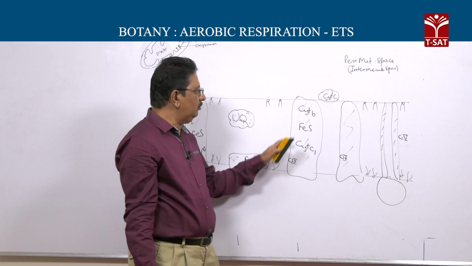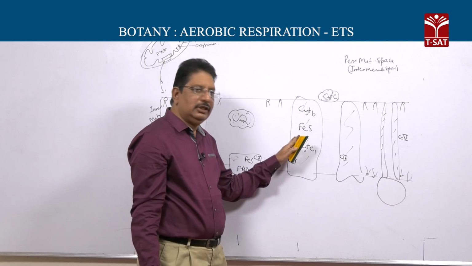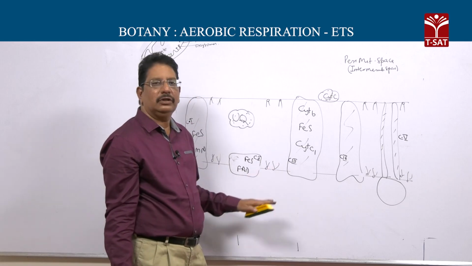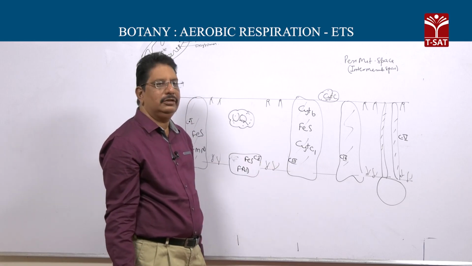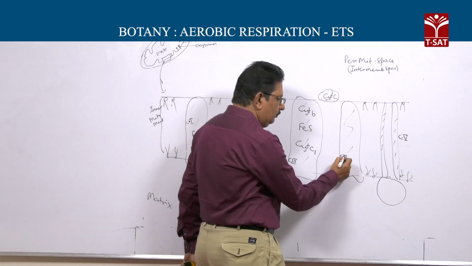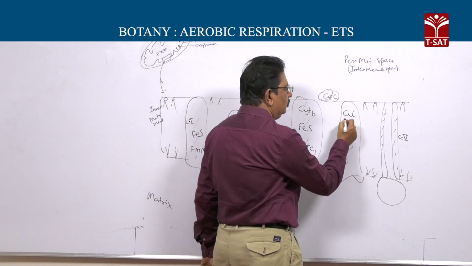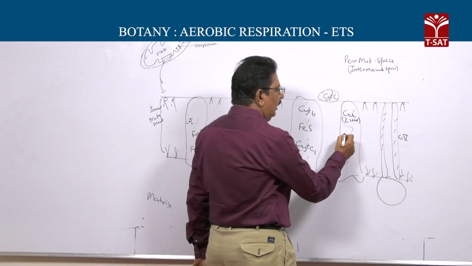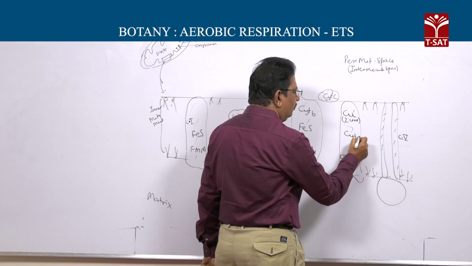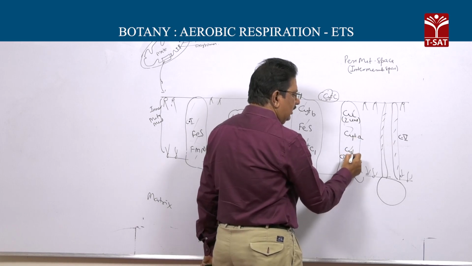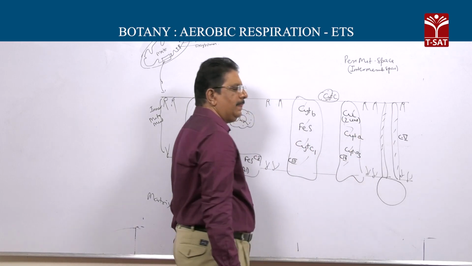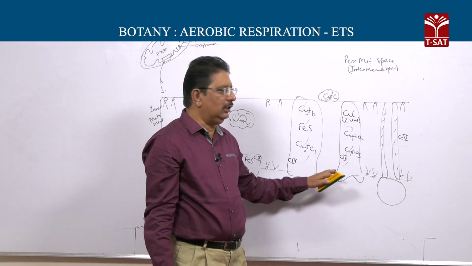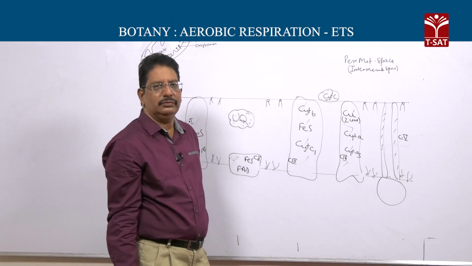So, cytochrome B, iron sulfur centers, and cytochrome C1 are the integral parts of complex 3 of ETC. Then, in complex 4, there are 2 units of copper centers and cytochrome A and cytochrome A3. Cytochrome A and cytochrome A3 are the components of complex 4.